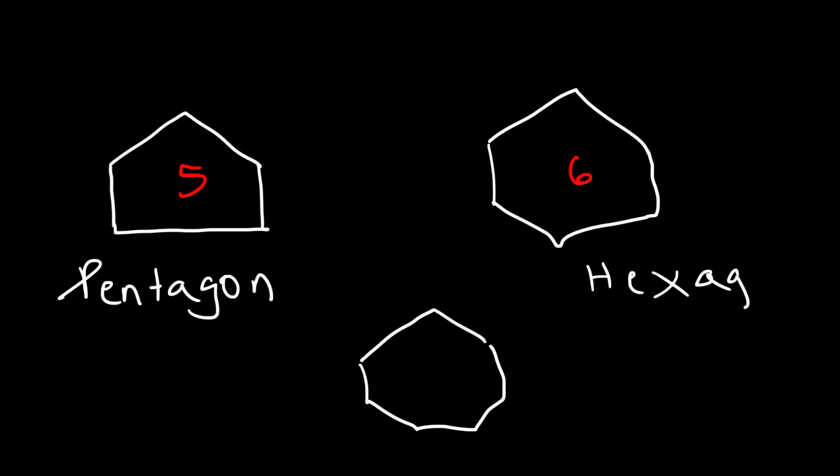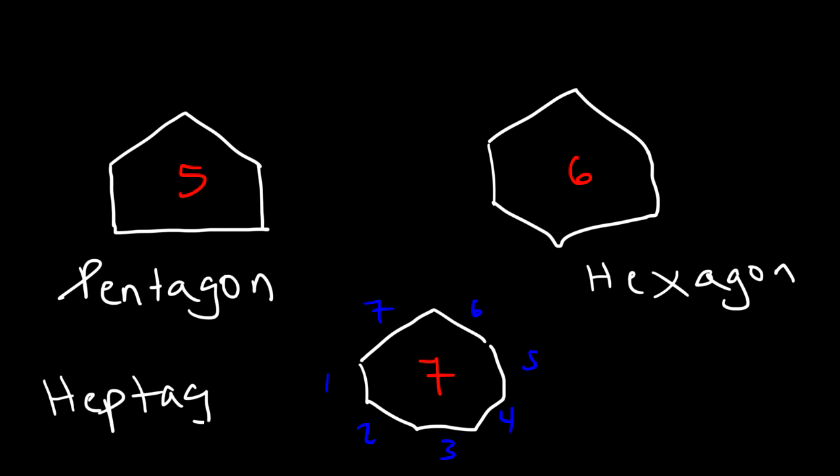What about seven? What's the name for a seven-sided figure? So in this case, we have seven sides. 1, 2, 3, 4, 5, 6, 7. A seven-sided figure is known as a heptagon. Now some other ones you need to be familiar with. If you have 8, this is an octagon.